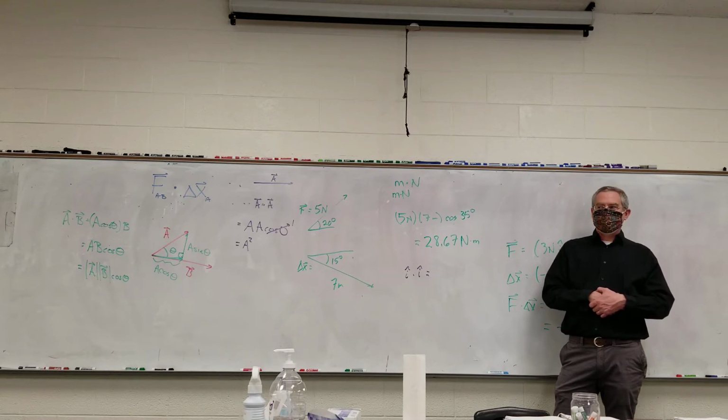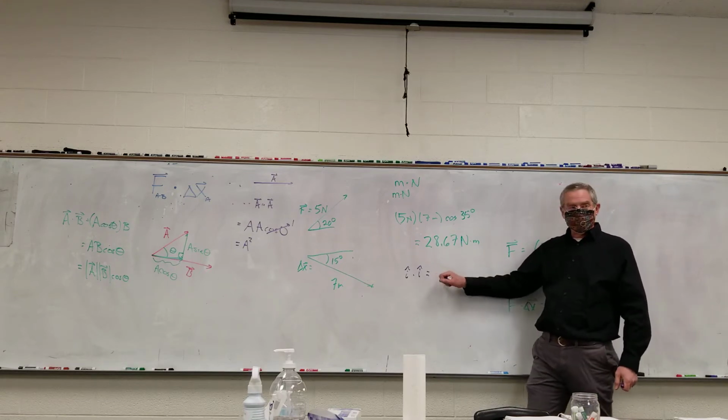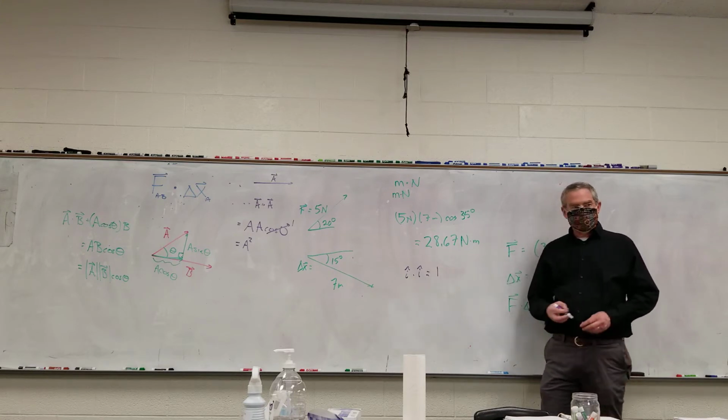One. Thank you. Yes, unit vector, magnitude of 1. No units, just 1. So i dot i is 1 times 1, or 1.